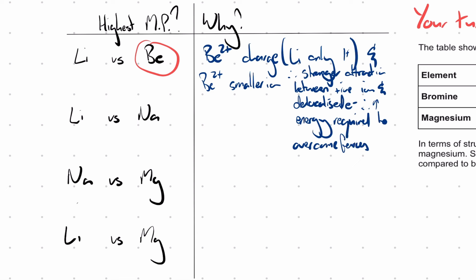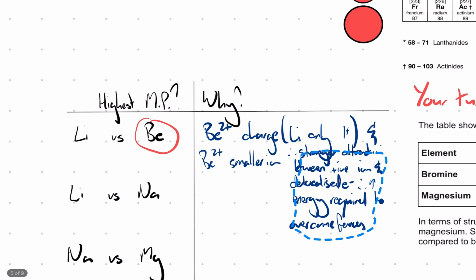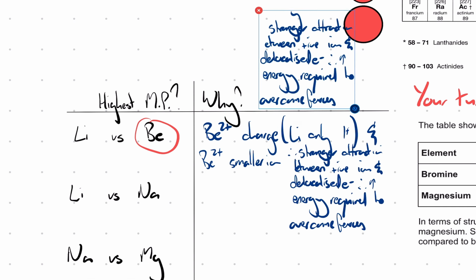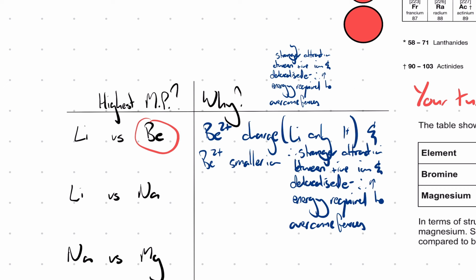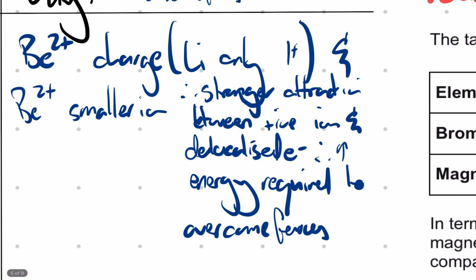So this final bit almost captures everything, right? We're not going to write this every time, but this is going to be your blanket answer at the end: stronger attraction between positive ion and delocalized electron, therefore more energy required to overcome the forces.